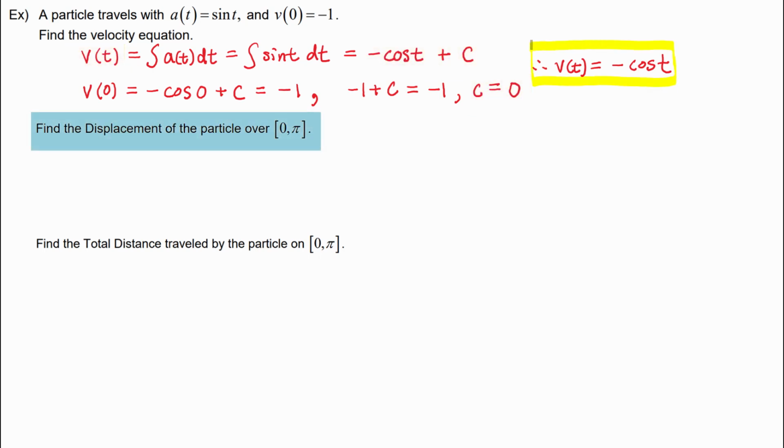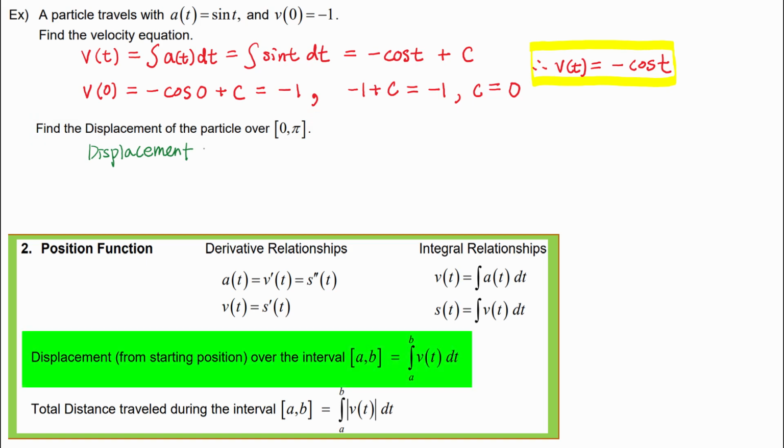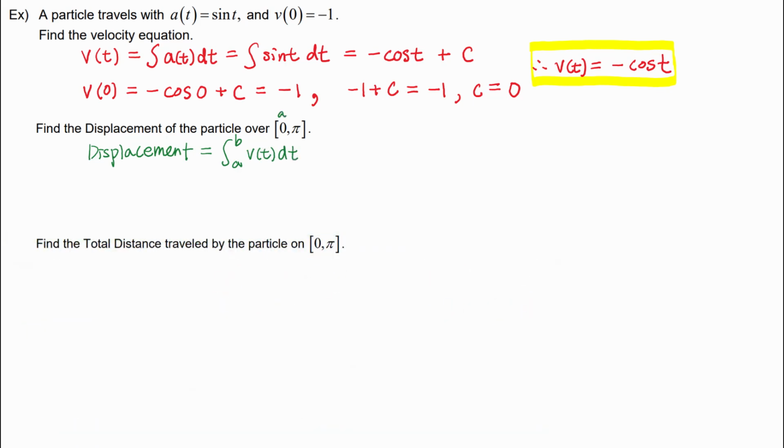Find the displacement of the particle over the time period 0 to pi. To find the displacement, you need to take the integral from a to b of v sub t dt. And your a is 0 and b is pi.